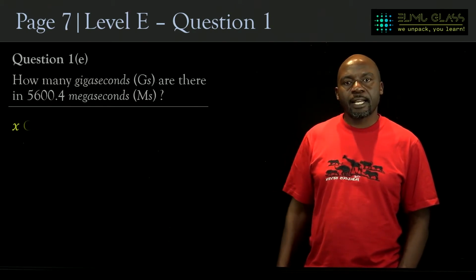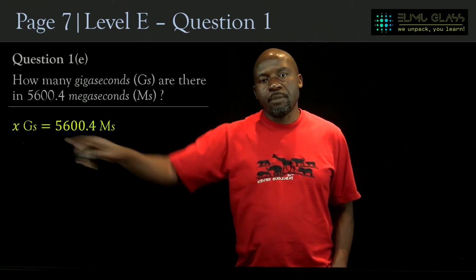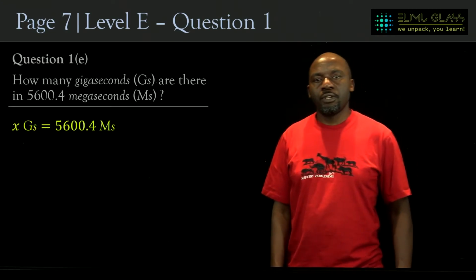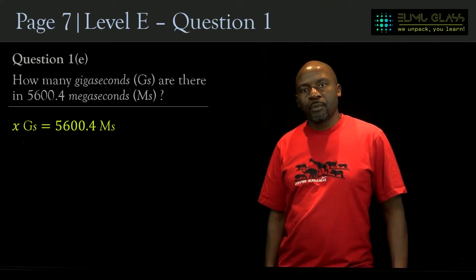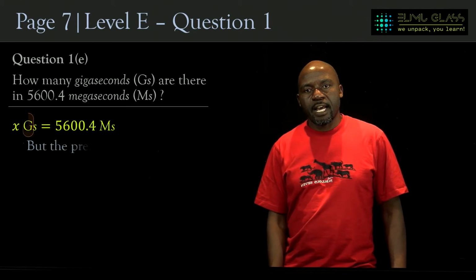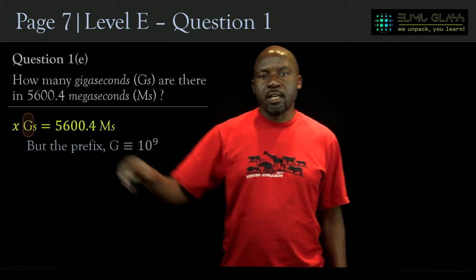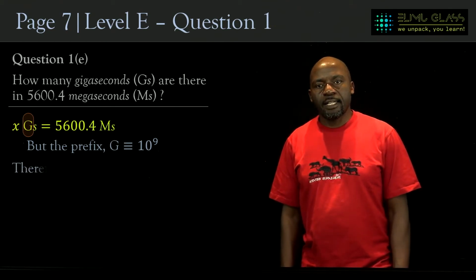Then we have to remember what the giga means. If you remember this, you can pause the video and try to think about it. Otherwise, the giga is equivalent to 10 to the power of 9. So we are going to replace that g there with 10 to the power of 9.